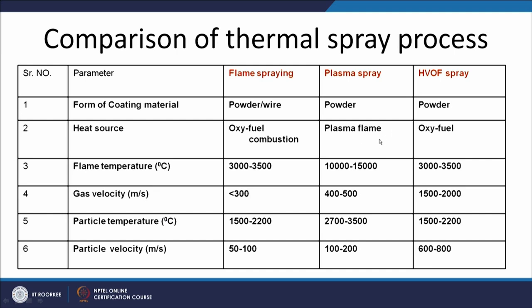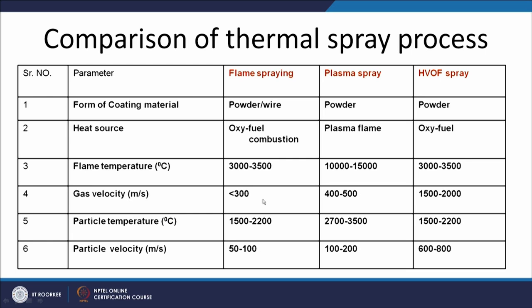The maximum temperature attained in flame spray is 3000 to 3500, 10,000 to 15,000 degrees centigrade in plasma spray, and 3000 to 3500 in the HVOF process.